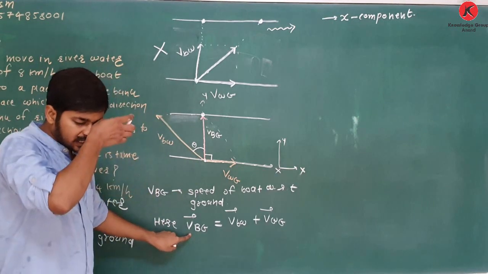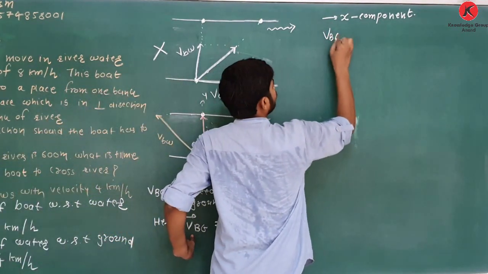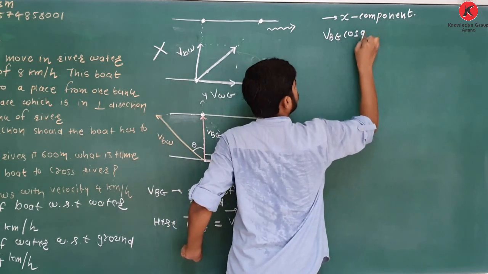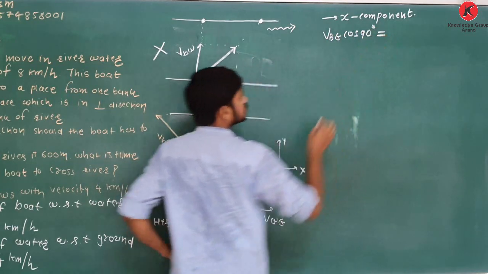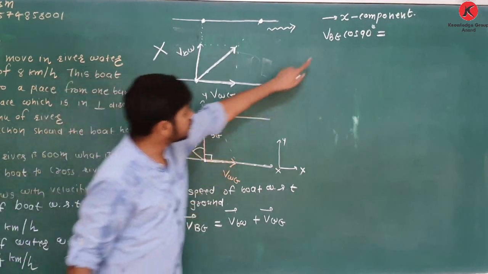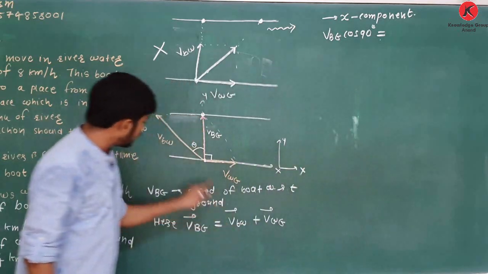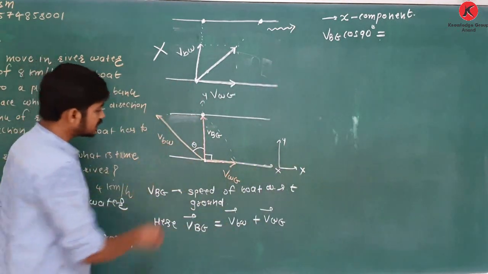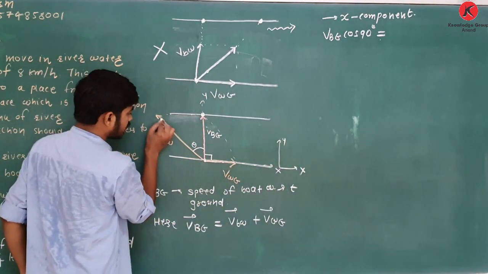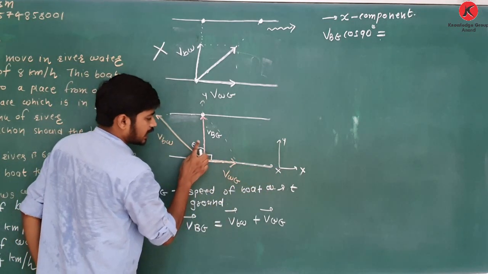So how to write? See how to write. VBG, that is, its x component is VBG cos 90. Clear about this? Below VBG, you have to write its x component is equal to, here it is VBW. This VBW vector is in this direction and it makes an angle with the x-axis, so it is 90 plus theta.